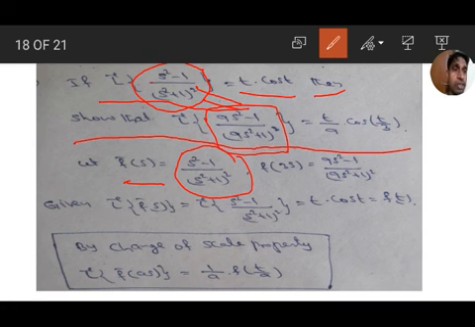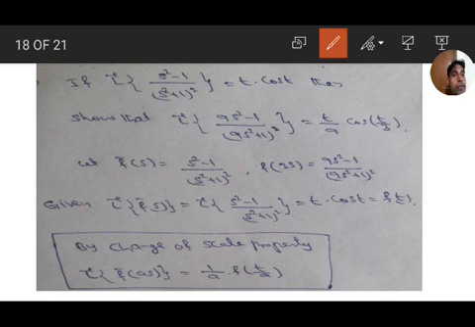In the place of s, if you substitute 3s, we get 9s square. Therefore the relation is f bar of 3s equal to (9s square minus 1) by (9s square plus 1) whole square.